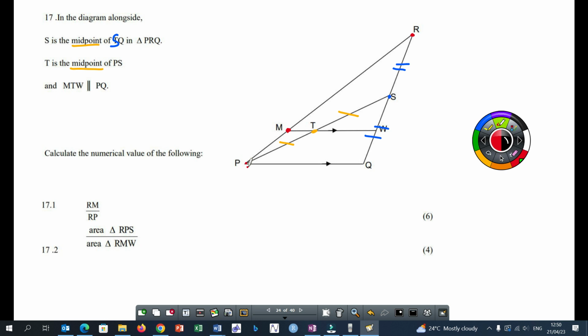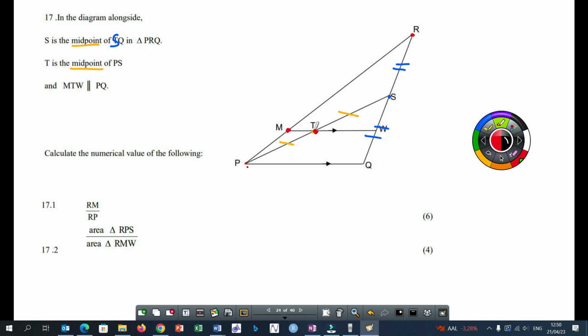So what I'm going to do first is use the midpoint of PS, this T here. If that's the midpoint and MT is parallel, in this case to PQ, there is no direct relationship between triangle PSQ and triangle PRQ.